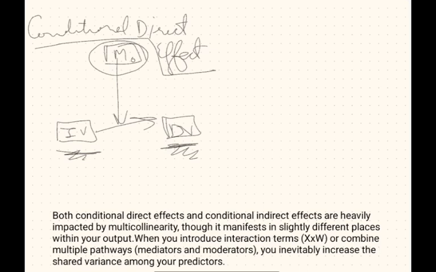Now, sometimes it is seen that the path from independent variable to the dependent variable is significant, but after the introduction of moderator it becomes insignificant. Why does it happen so? It happens because it is heavily impacted by multicollinearity.